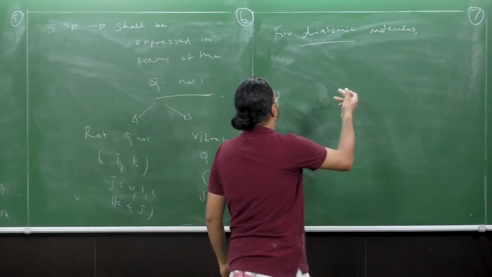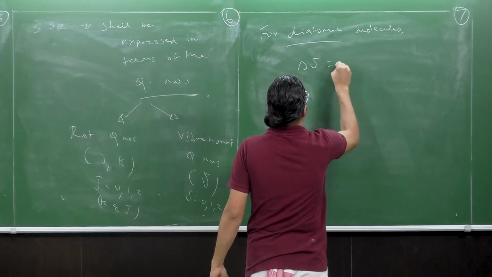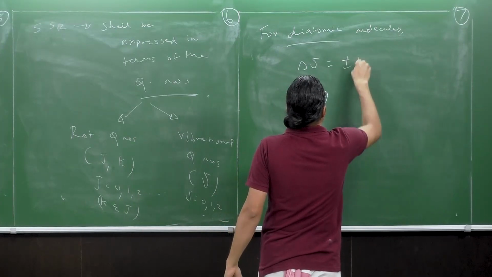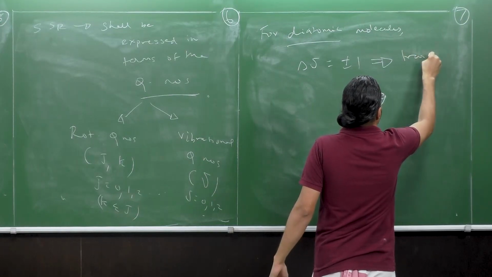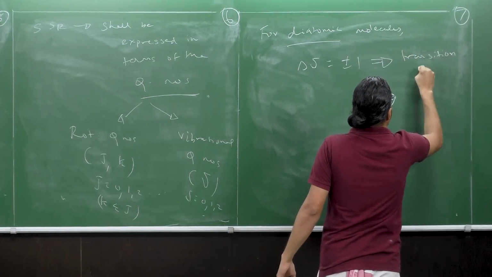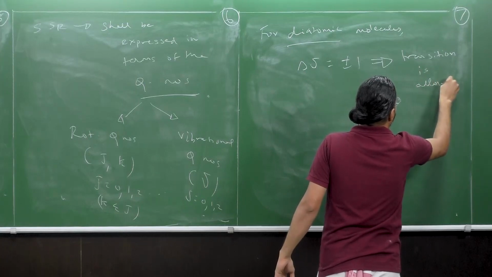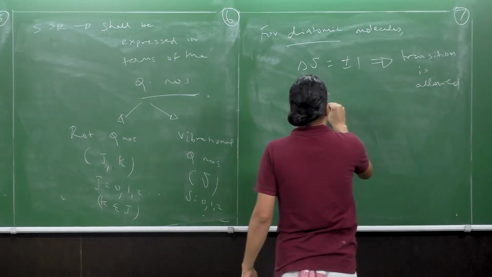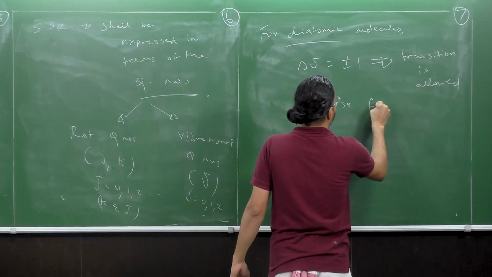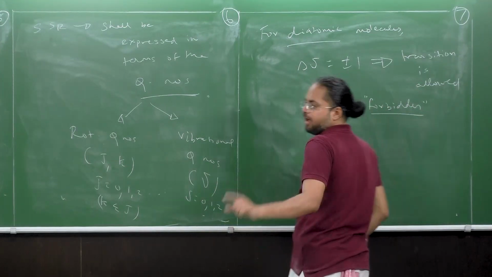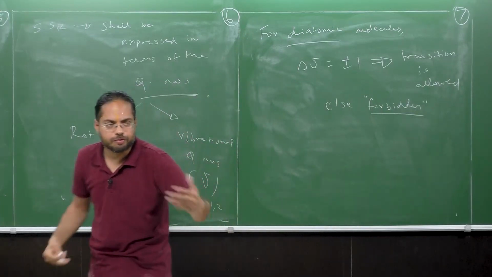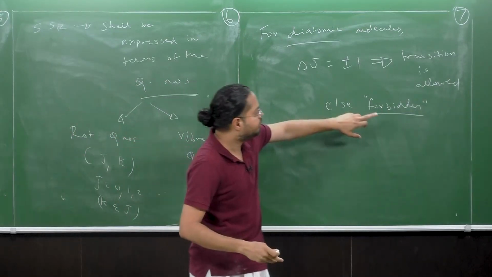For diatomic molecules, delta nu equal to +1 implies a transition is allowed, else forbidden.